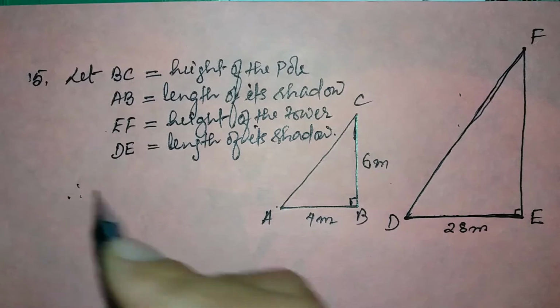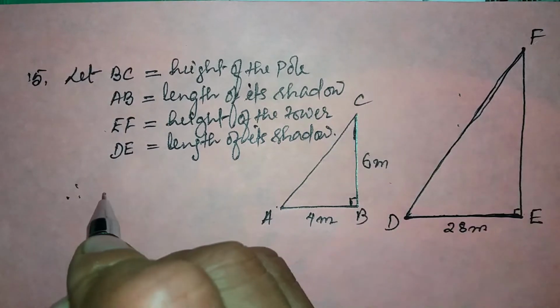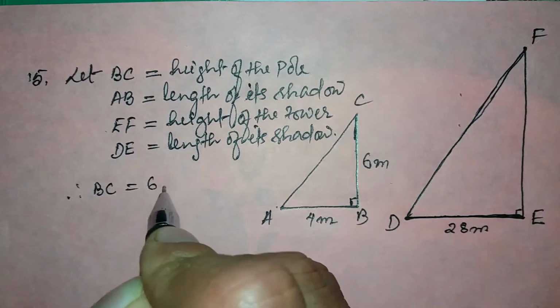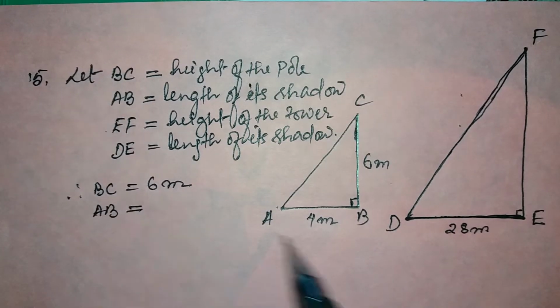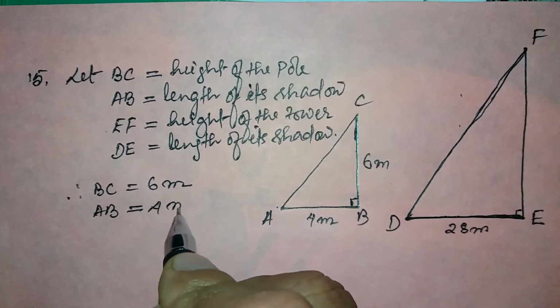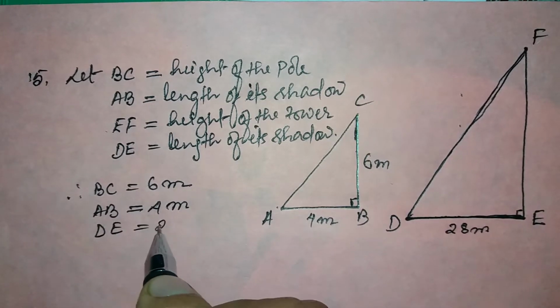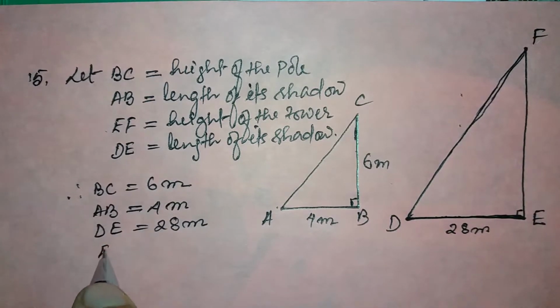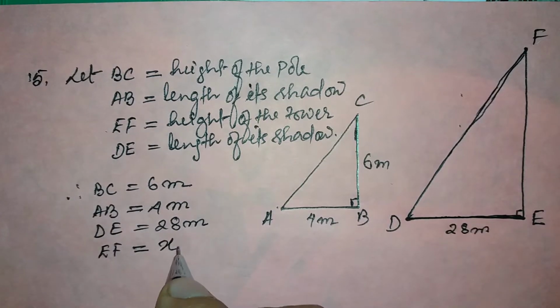So BC is 6 meter, AB is 4 meter, and DE is 28 meter, and EF is what we're going to find out. EF we don't know, so let's call it X.